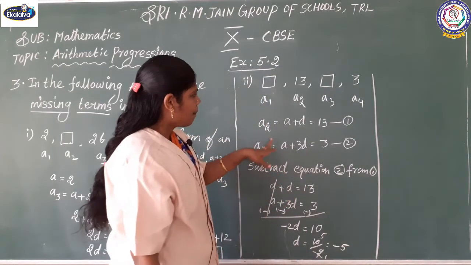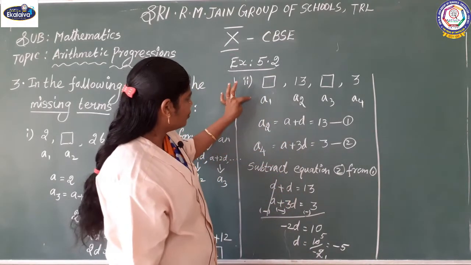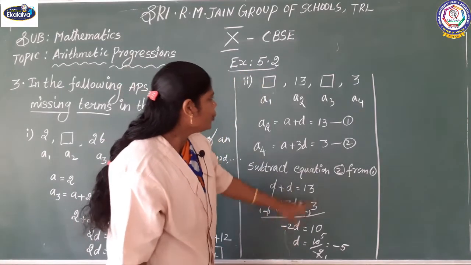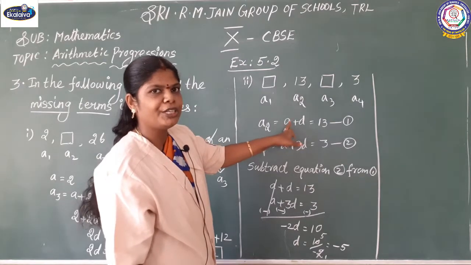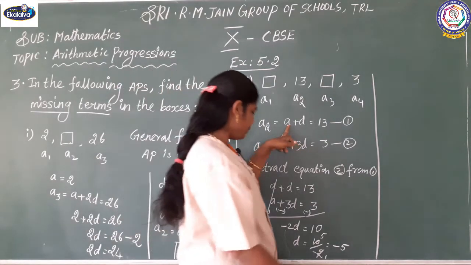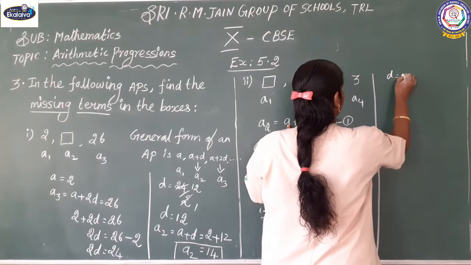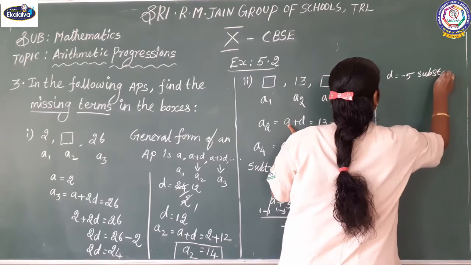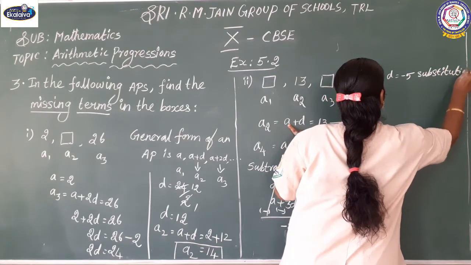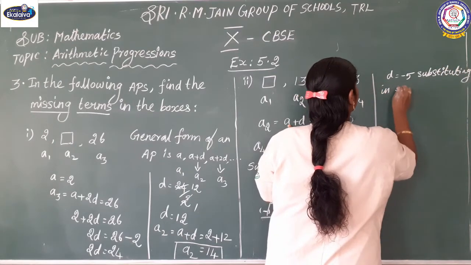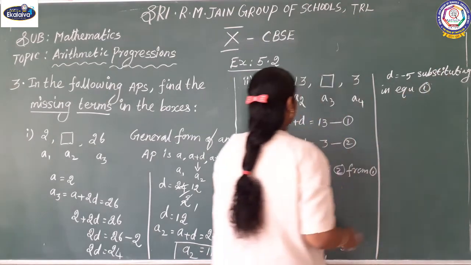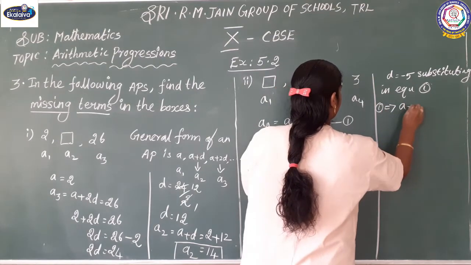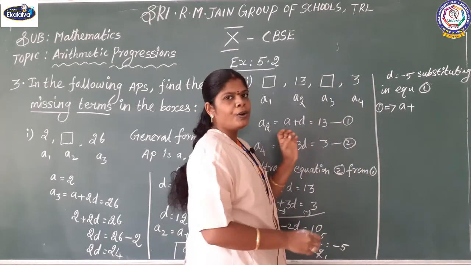Next, I am going to find the A value. So here I want to find the A value. So the D value you substitute in the first equation, you can get the A value. Okay, so D equal to minus 5, substitute in equation 1. Okay, so equation 1 implies A plus D. Here D value minus 5.